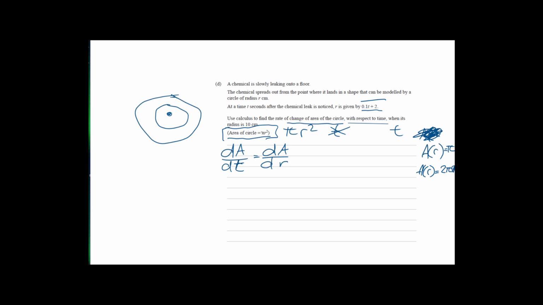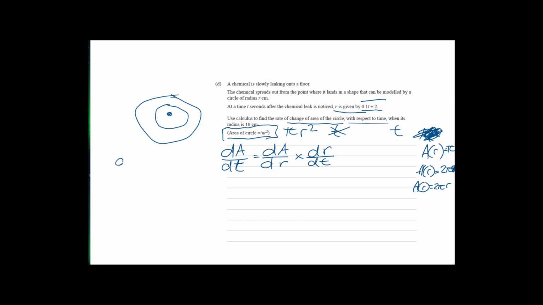Should be an r there. If you can't see it, it's gone off screen. That's better. Times the change in the radius over the change in time. How much is the radius changing in time? And we're told here that the radius is given as this.